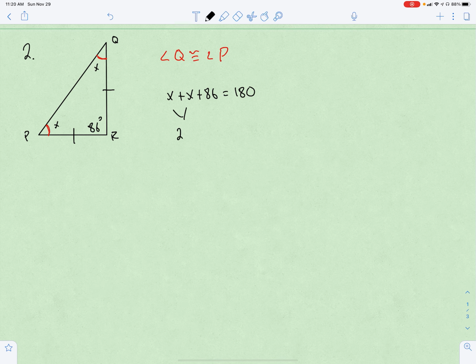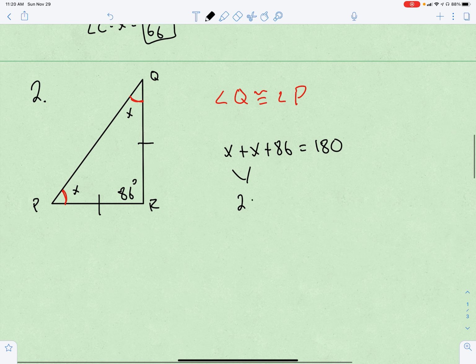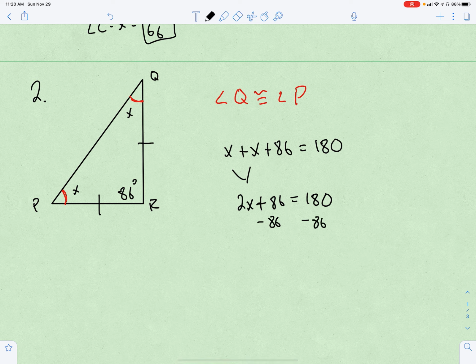Combine like terms, and we get 2X plus 86 is equal to 180. Now, simple stuff. We've got a two-step equation. So the first thing I'm going to do is subtract 86 from both sides. That cancels. This comes down. 2X is equal to 94. And then all we've got to do to finish this problem out is divide by 2 on both sides. And you get X is equal to 47.